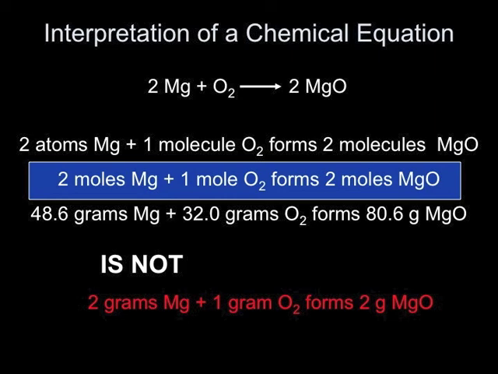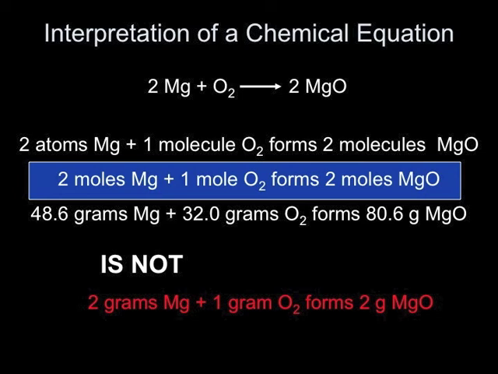We also said that there's this relationship between molecules and moles, so this can also be 2 moles of magnesium reacts with 1 mole of oxygen gas to form 2 moles of magnesium oxide. Or we can say that 48.6 grams of magnesium reacts with 32 grams of oxygen to form 80.6 grams of magnesium oxide.